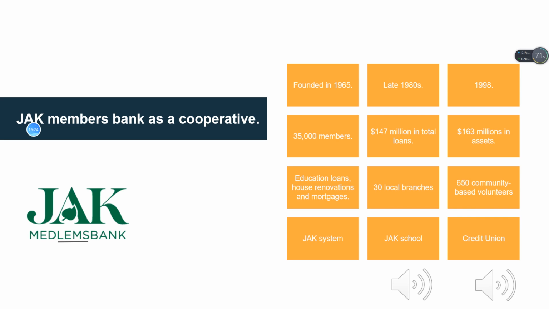Through local educational activities and the JAK newspaper, these volunteers bring in new members. For help with community participation, volunteers can use a variety of JAK systems, including online forums and internet services. Courses are offered by a JAK school to volunteers and members.